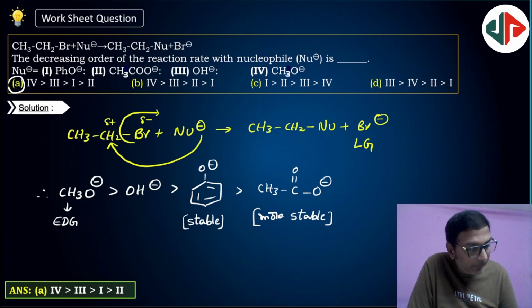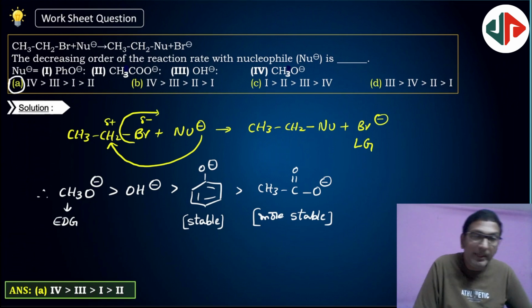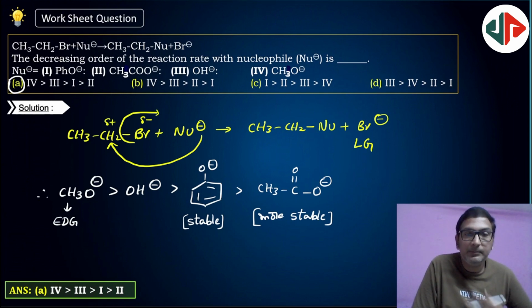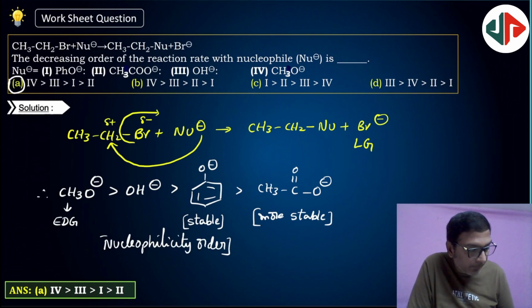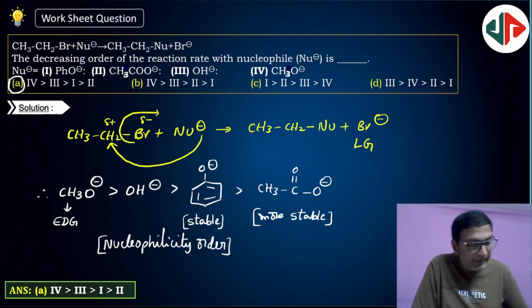Option A. Methoxide ion can attack an electron deficient carbon easily. Due to high stability, acetate ion cannot attack an electron deficient carbon. Remember that point, nucleophilicity order. Next.